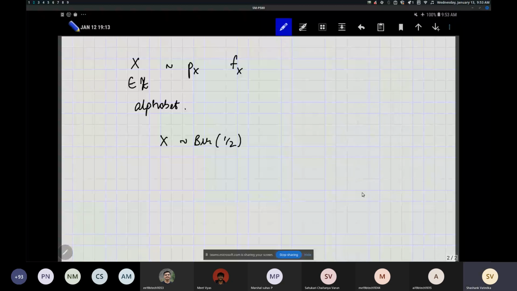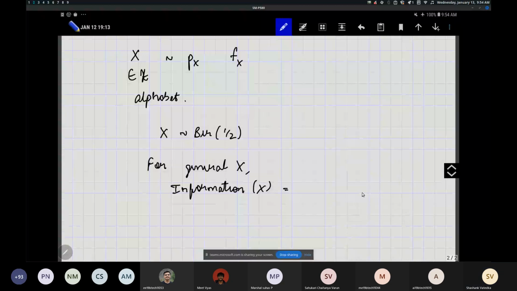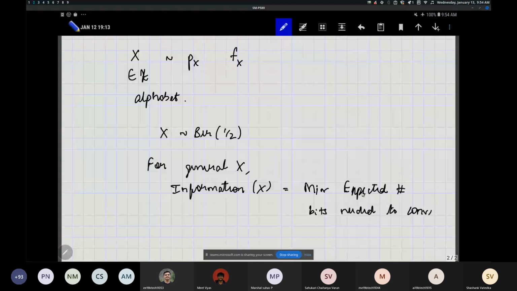And in fact, for a general random variable X, we'll say that the information contained in the random variable X is the minimum of the expected number of bits needed to convey the value of X. Okay.